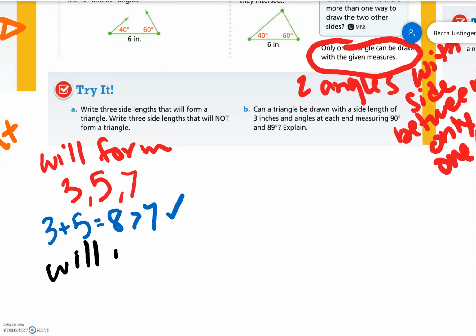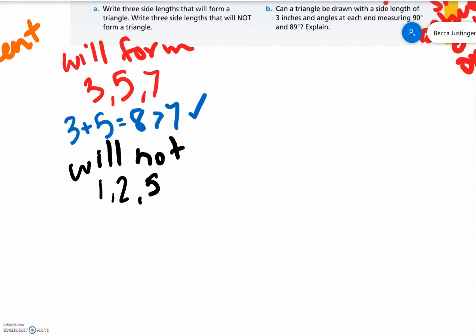Will not form a triangle would be something like 1, 2, and 5, because 1 plus 2, the two smaller sides, equals 3, which is not greater than 5.